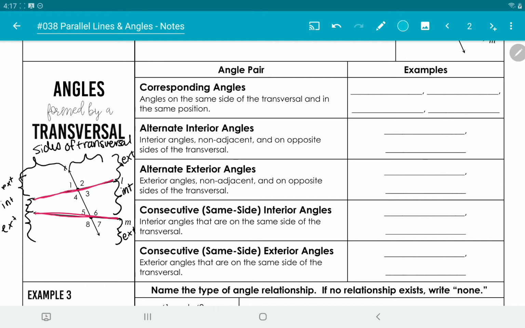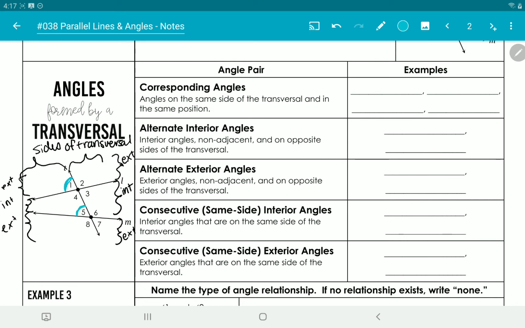So if we look at these, corresponding angles would be angles that are on the same side of the transversal. So they're either both going to be on the left or both on the right here. Okay, and in the same position. So like if we have this one on the top left over here, we'd have this one on the top left of this intersection.